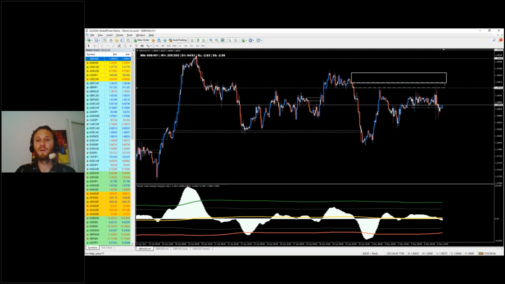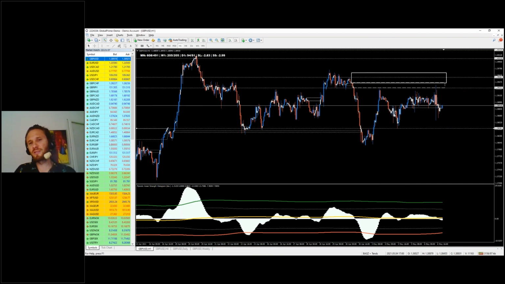Then the stop would go, I'll make it 2 times the size of the area. And the target would be at the opposing side of the market, which for this one would be down here, because this is a buy zone, so this is going to be a price sensitive area. So I'd expect price to go back down to roughly this area here.